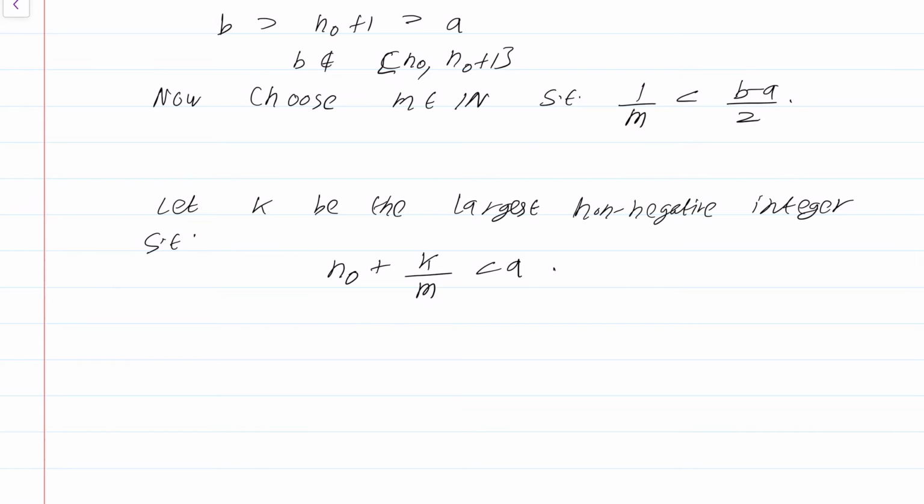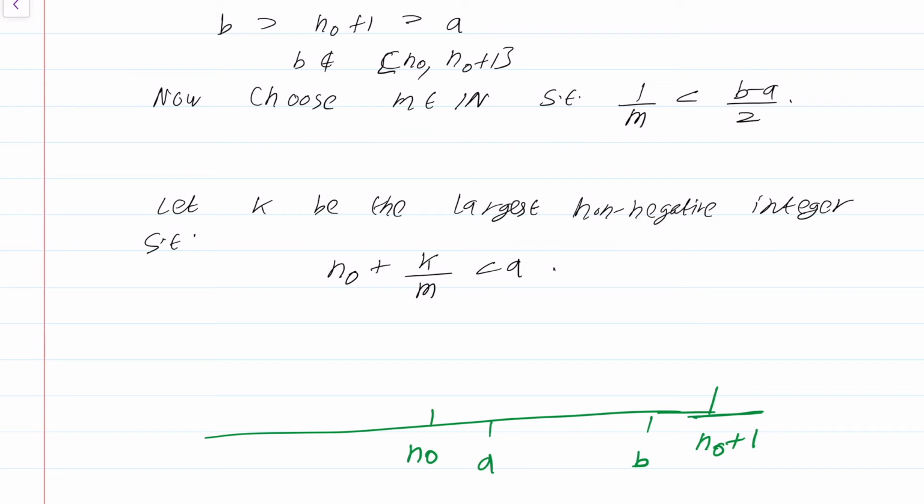So a lot of confusing things have happened. Let's draw a picture to make sense of what is going on. We have the points a and b. We know that n naught is here, and under our hypothesis, n naught plus 1 is here. n naught plus 1 exceeds b.